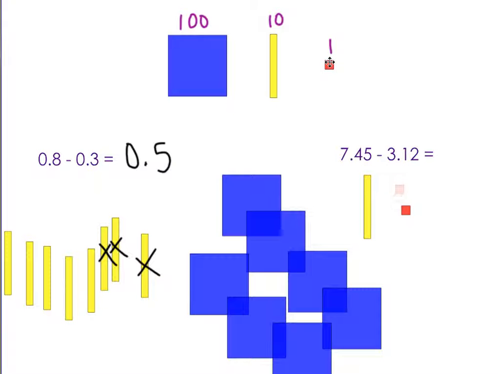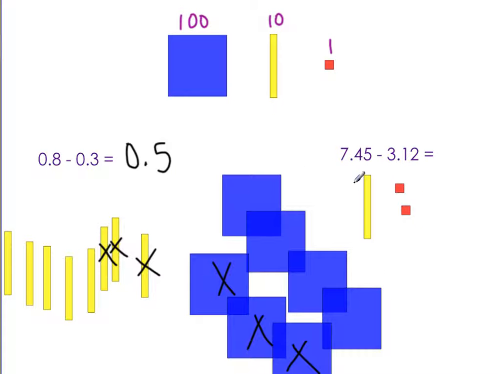Now, here's what's really interesting, because now we're going to have some regrouping that's going to need to occur. We're going to take away 3 and 12 hundredths, so that means we need to cross off 3 of these blue ones because we're taking away 3 of them. And oh, I'm sorry, here I made a mistake.